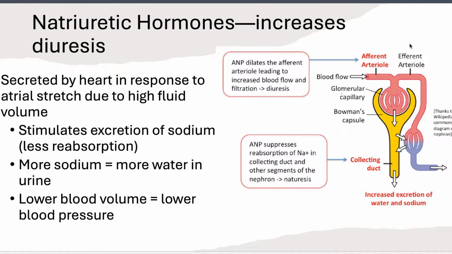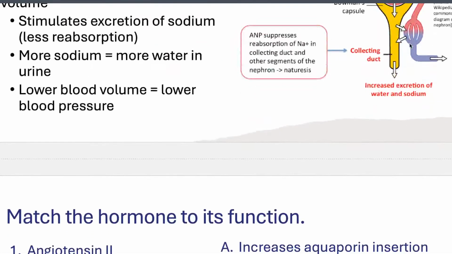ANP makes you want to pee more by excreting more sodium.